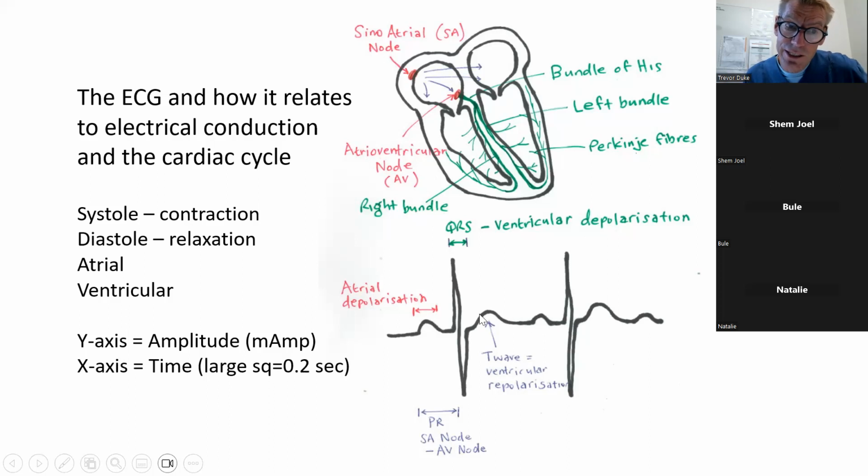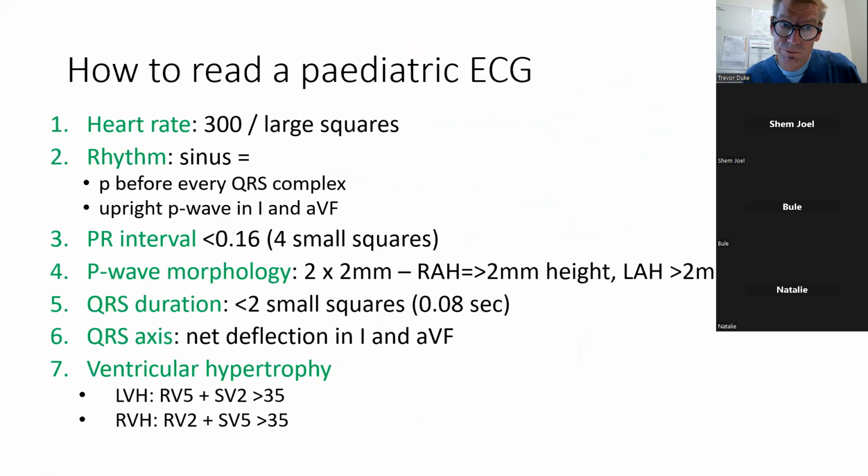So the x-axis is time, and the y-axis is amplitude. Amplitude just means the electrical deflection, the extent of the electrical deflection from the isoelectric line, which is just a flat line of the ECG. So to know those things is important background to understanding the ECG and how it works.